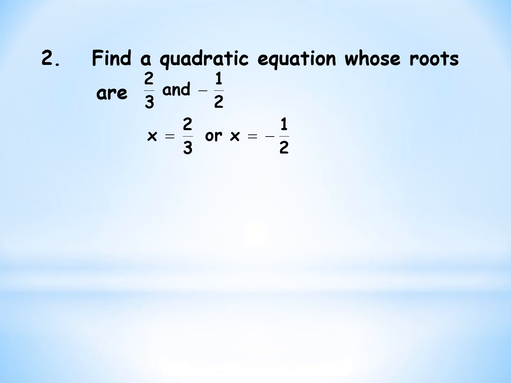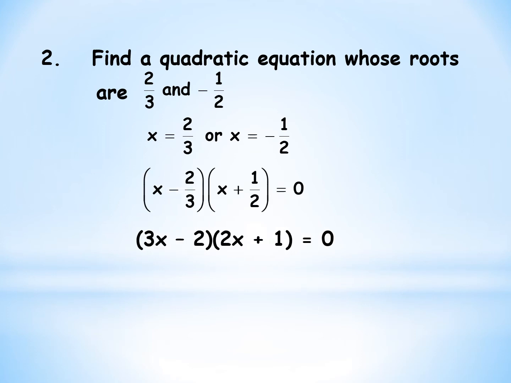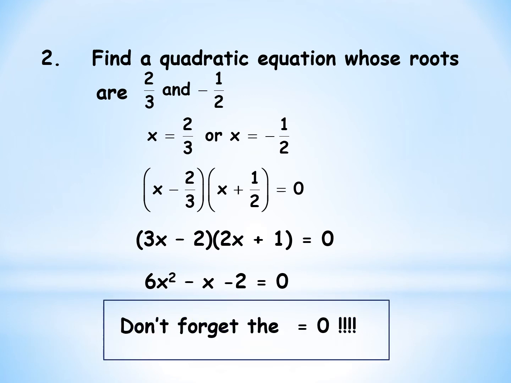So I'm going to multiply through by 3 and by 2 after I go ahead and put it in its factors. So here it's in its factors, and then I'm going to multiply the first parentheses by 3 and the second parentheses by 2. Now all I have to do is multiply it out, make sure that there are no common factors I can take out, and make sure that the equation is set to 0.